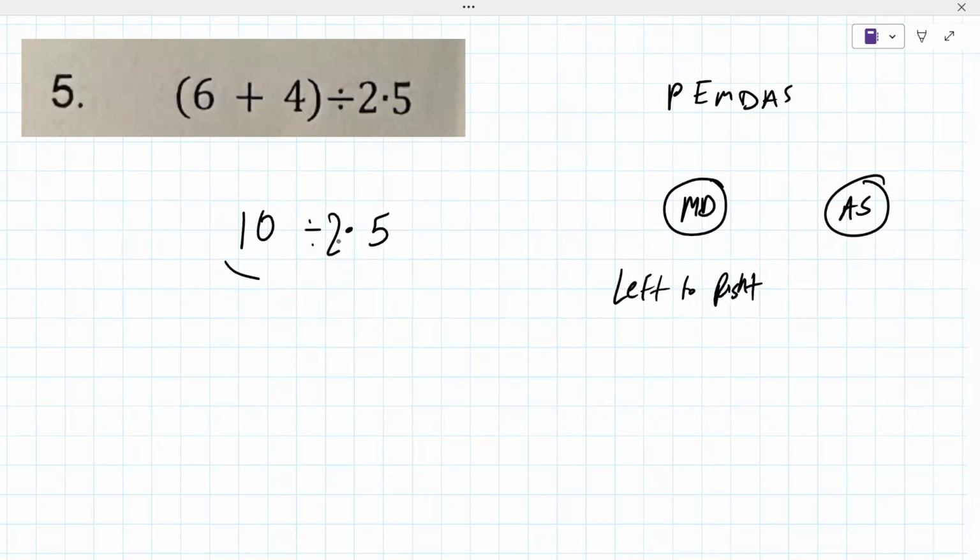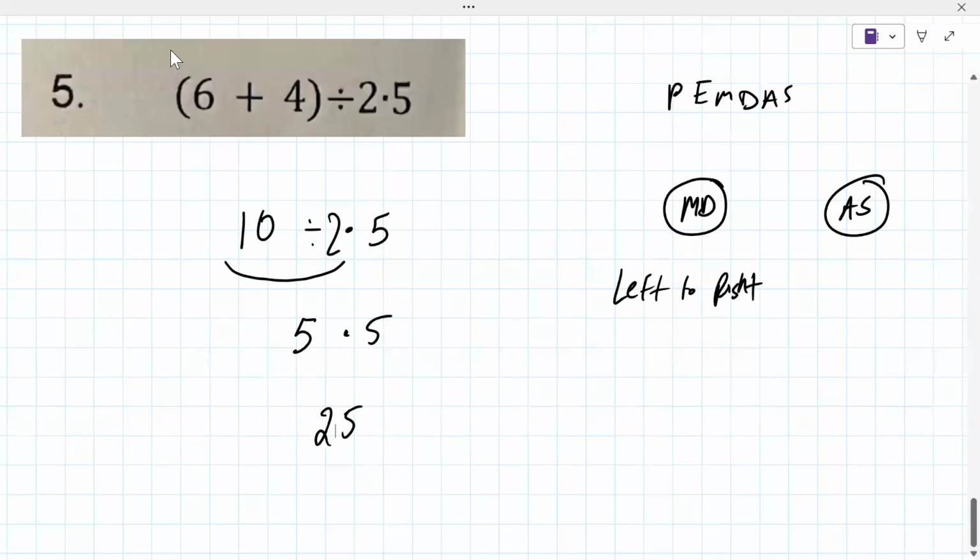So you really should divide first, which is 5. And then you multiply. You'll see you get different answers here. That's why it's really important to do it left to right. And that may be why the instructor has chosen this problem here.